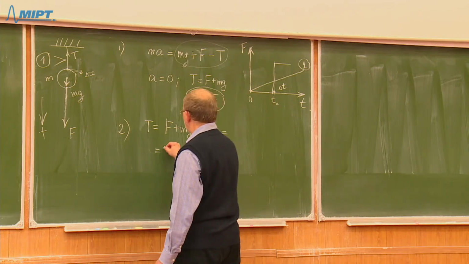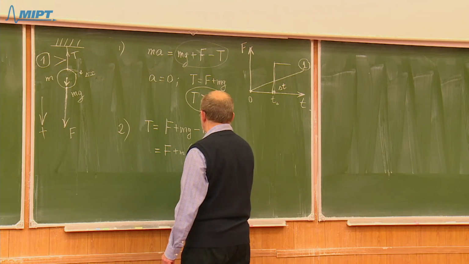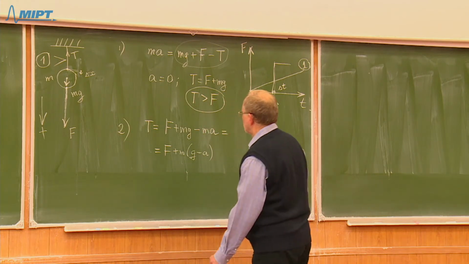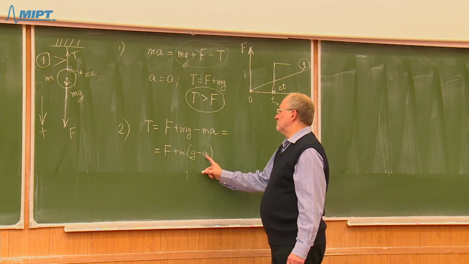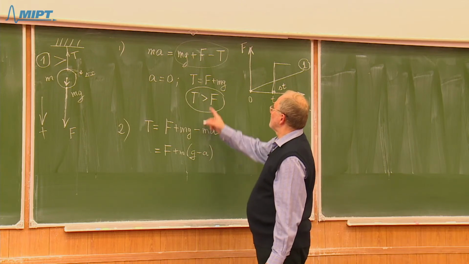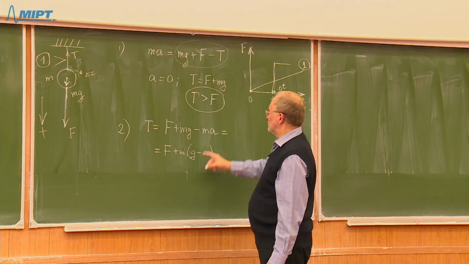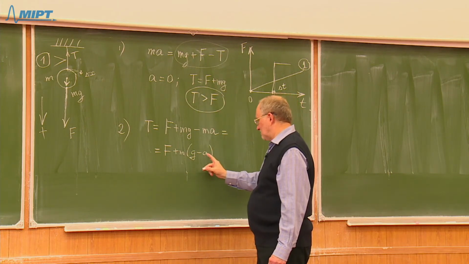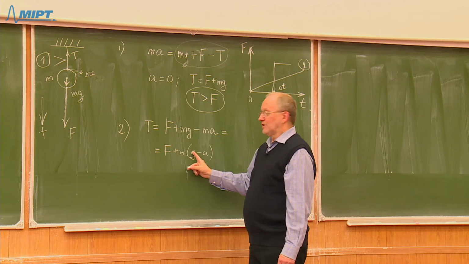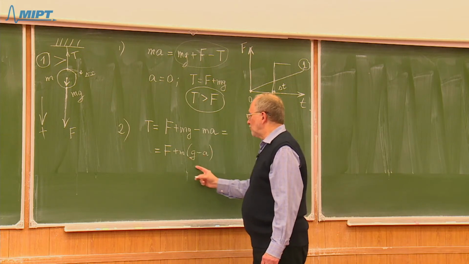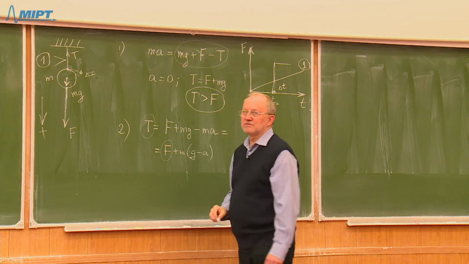So this is F plus m(g minus a). If a is very small, then we obtain the same formula as before, that the tension T equals F plus mg. But if a is large enough, for example, if a equals g, then this round bracket will be 0, and the force T will be equal to force F.